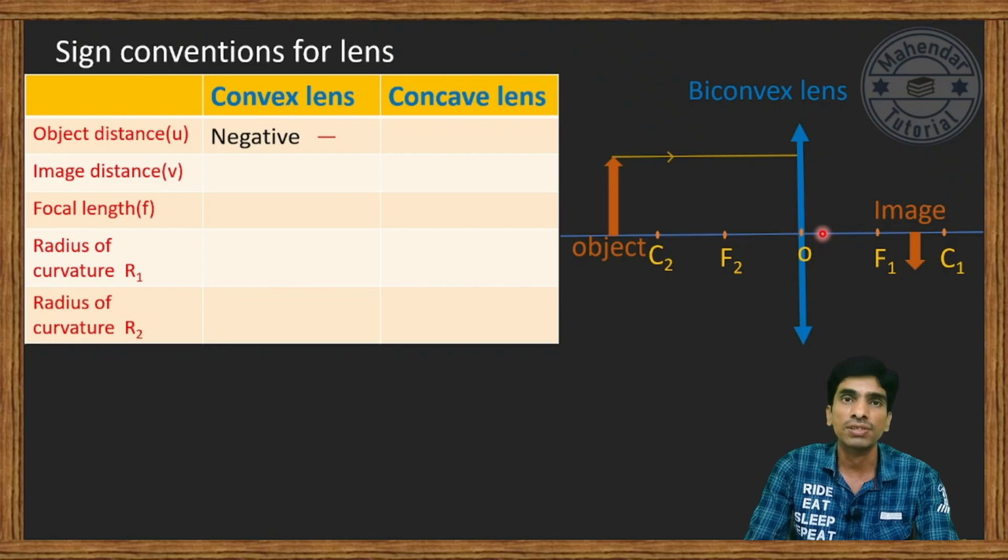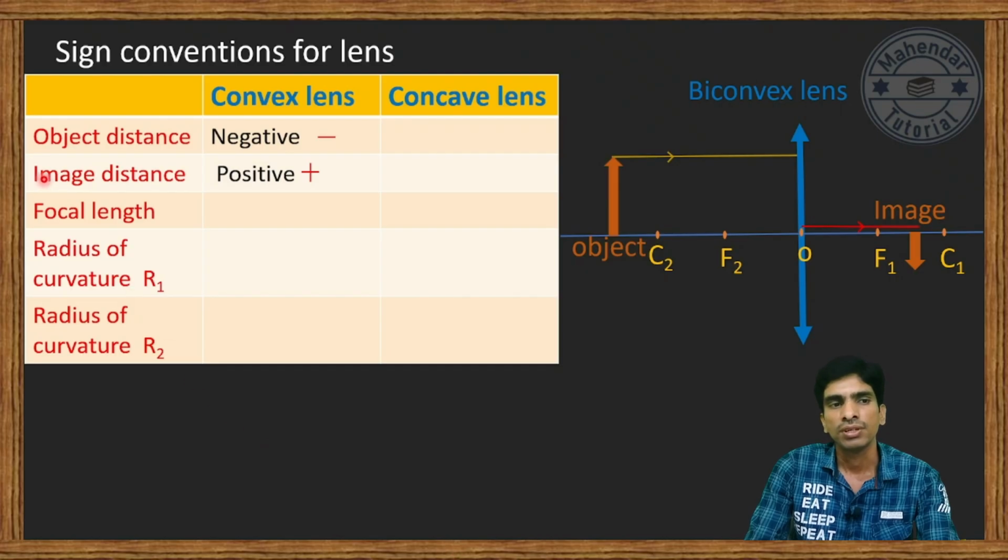The direction of the measurement from O to I, the image, is towards right. The incident light direction is also towards right. Both are in the same direction, so the distance is positive. So here image distance is positive in this case.